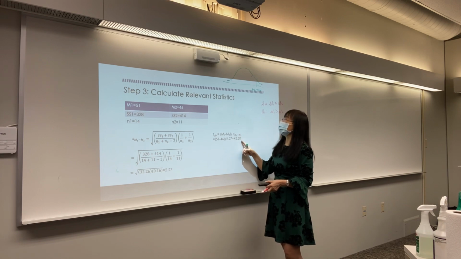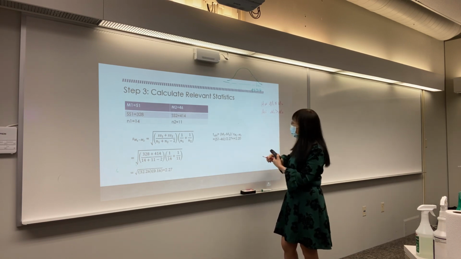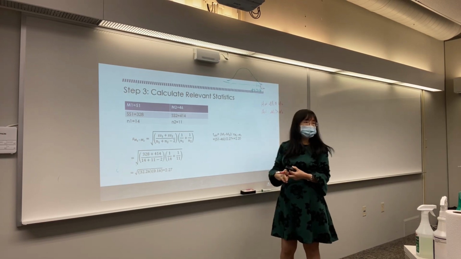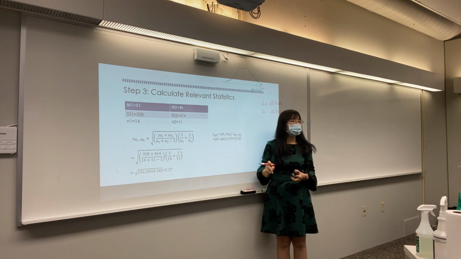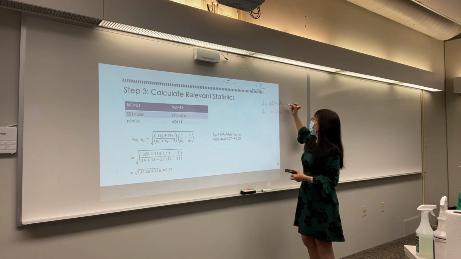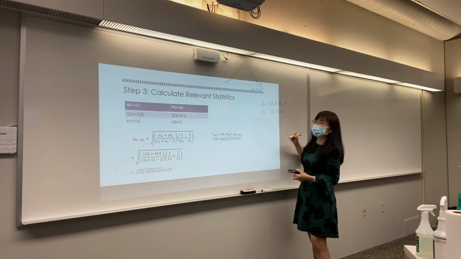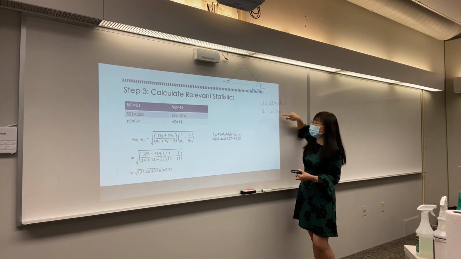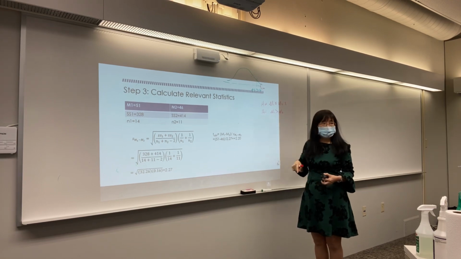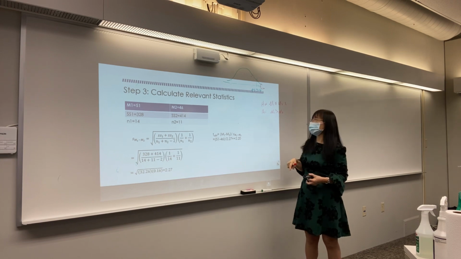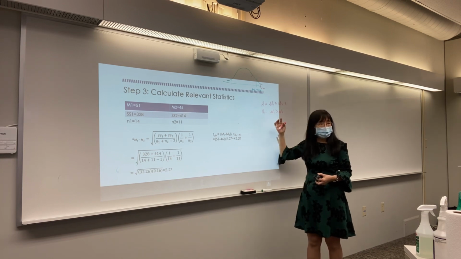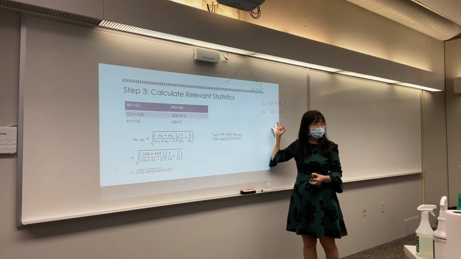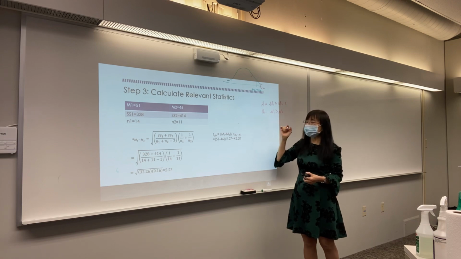I got 2.20. So 2.20 is here. So what does this mean? We reject H0, right? So that means this H1 is correct, right? So that means if you don't let people sleep, they will spend more time for reaction. Okay, so we reject, right?